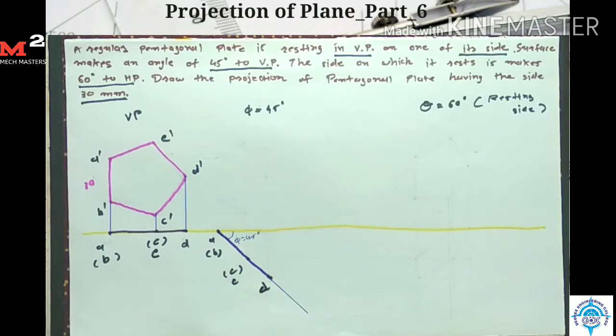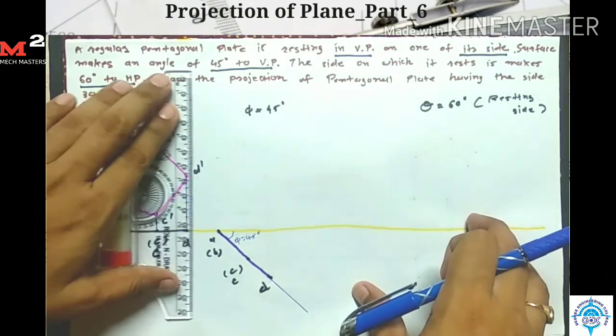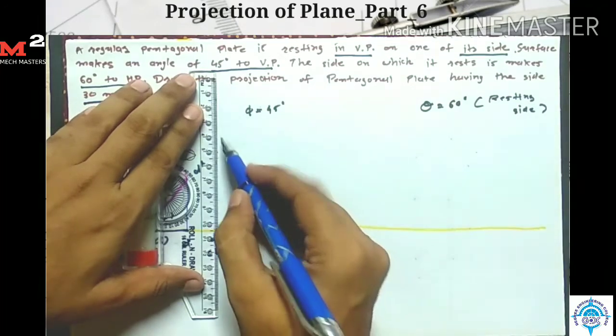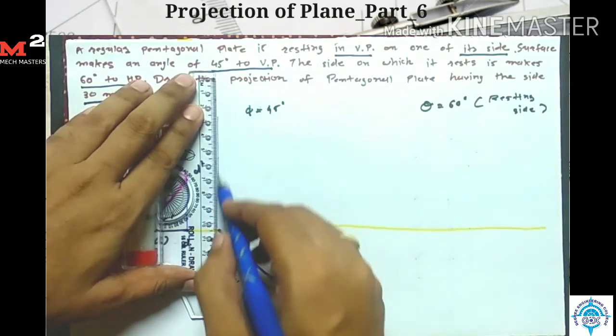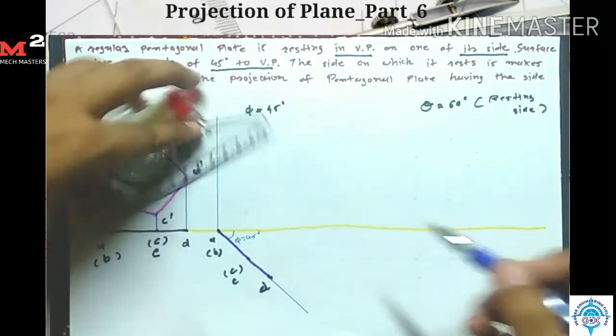Now for the front view, I simply take the projection. I take the projection from point A and from here.